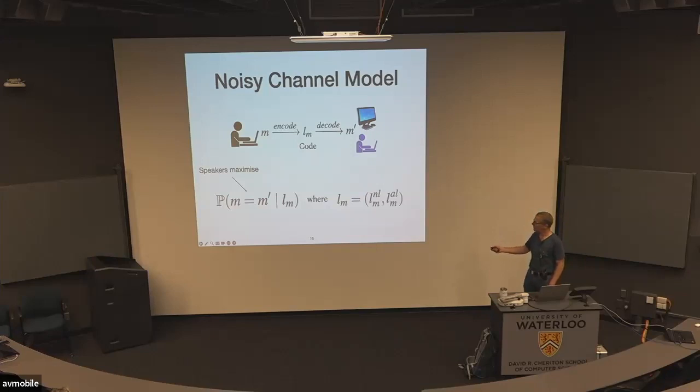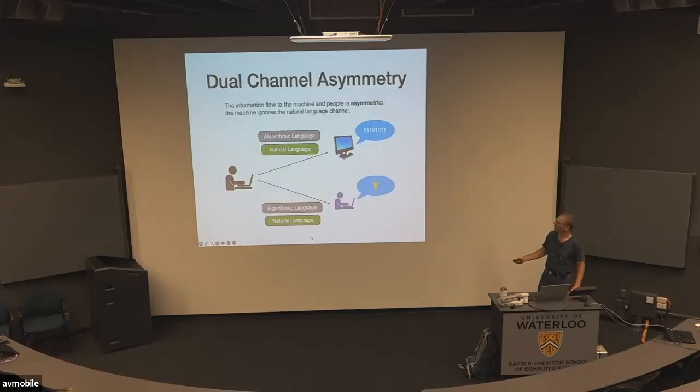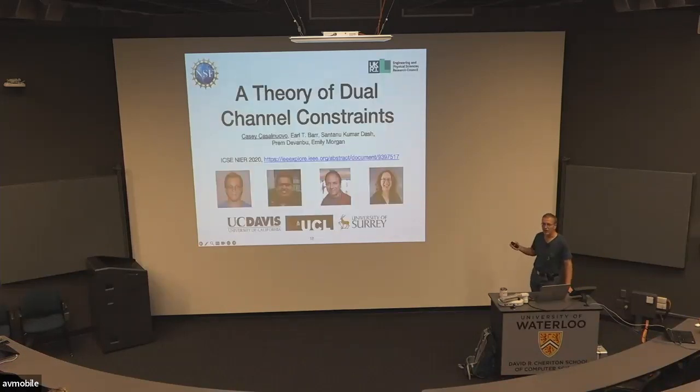So these are jointly optimized to synergize. But there is an asymmetry here. And that is because the machine to date ignores the natural language channel. It simply doesn't care. This theory that I've just presented was published at NeurIPS a few years ago with my co-authors shown here.